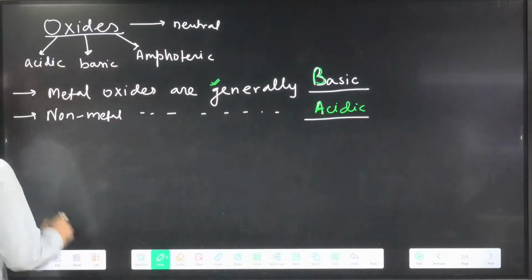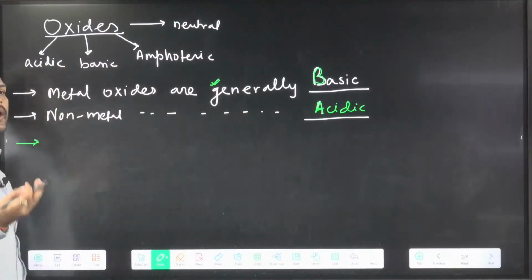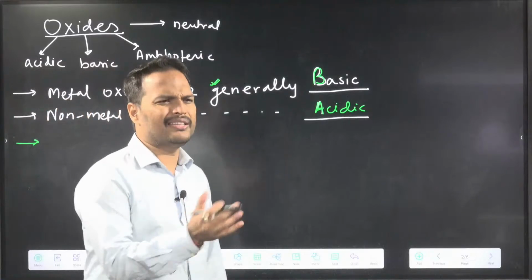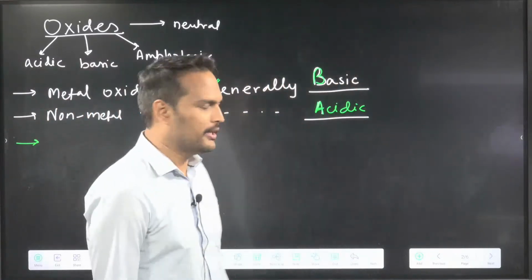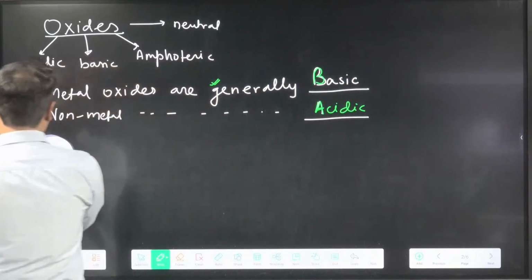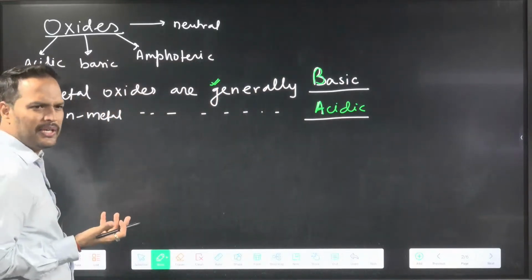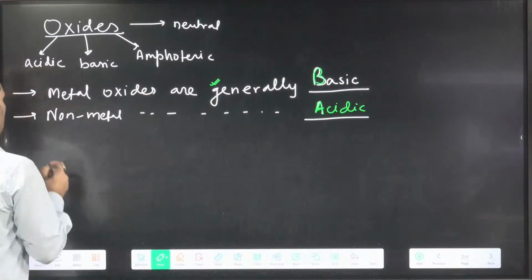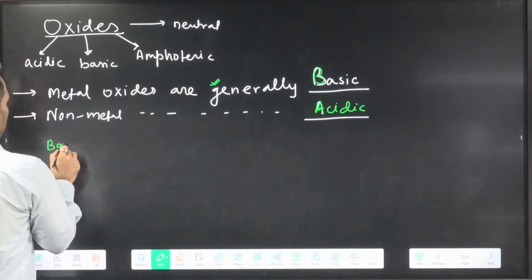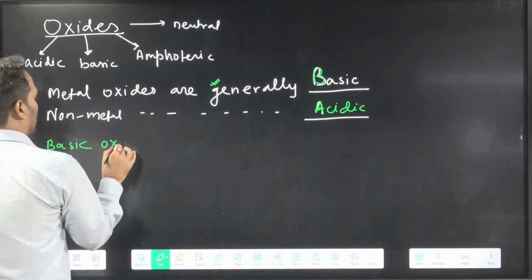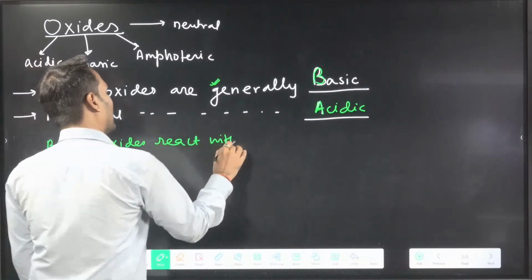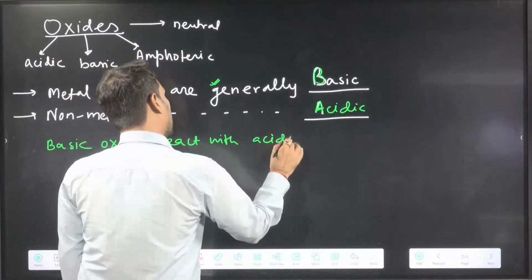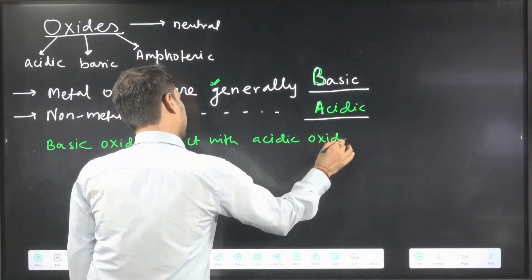And metalloids, or elements near them, generally form amphoteric oxides. Now the question is, what are basic oxide, acidic oxide and so on? Basic oxides react with acidic oxides.